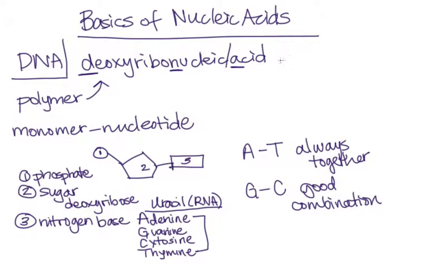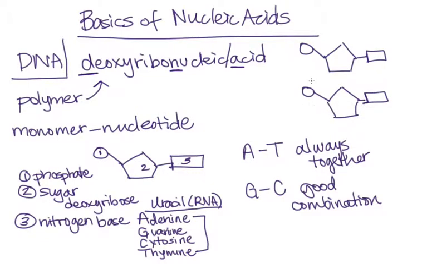When DNA forms a polymer, a large molecule made up of many small pieces, the first step is to make sure that these nucleotides can stick together. They form a bond right here between the phosphate of one nucleotide and the sugar of another. That bond is called a phosphodiester bond.